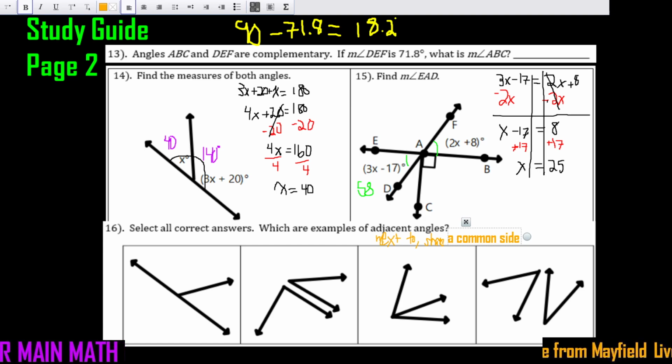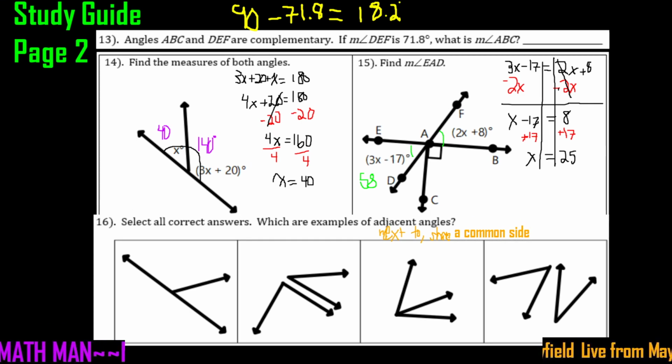So that means that I should be able to highlight a single line here, and they should be able to be right next to each other.